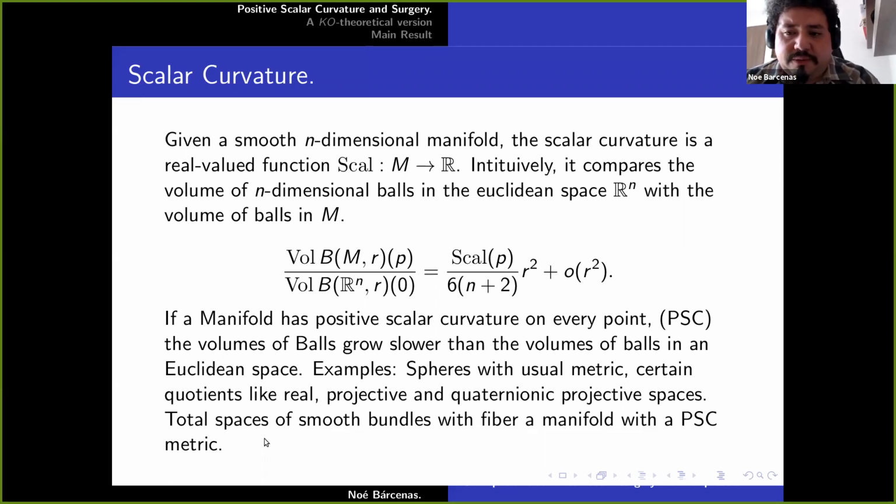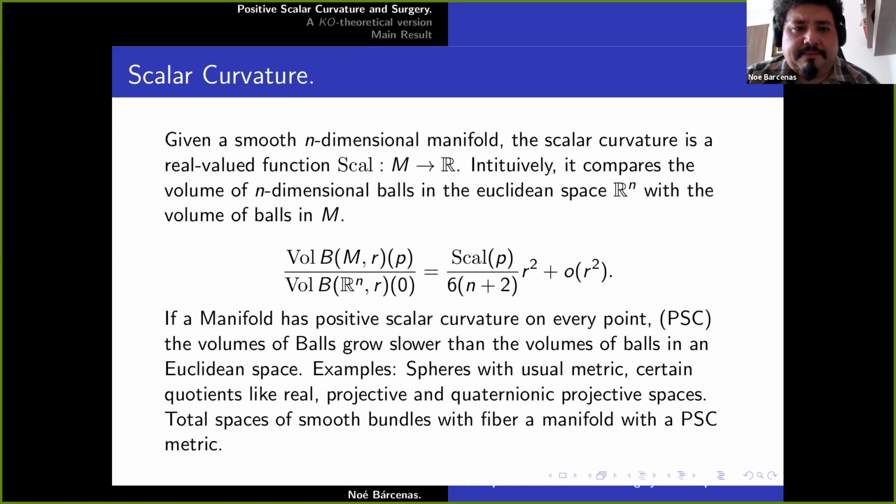Products of these manifolds with another manifold can be arranged to have a metric of positive curvature, and from there you can consider the total spaces of smooth bundles which have a manifold with a positive scalar curvature metric as fiber. So these are examples of such manifolds.